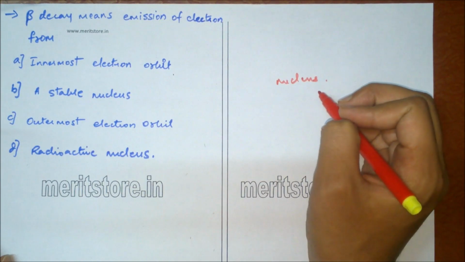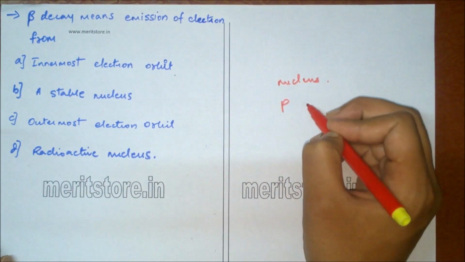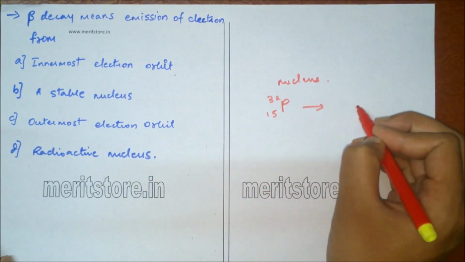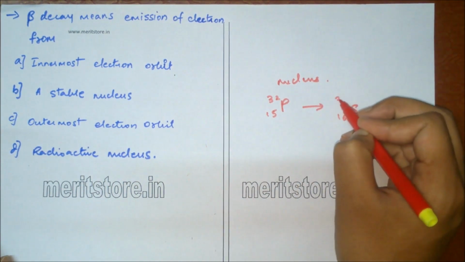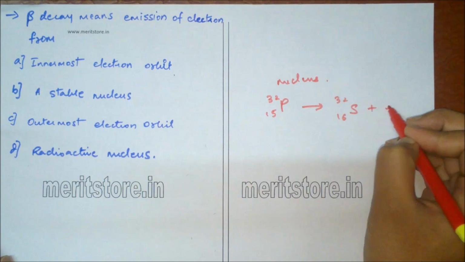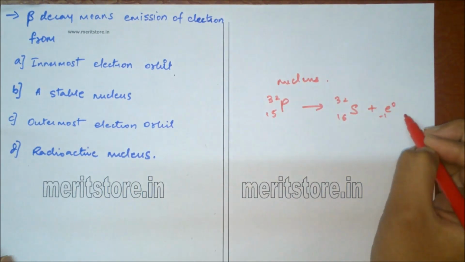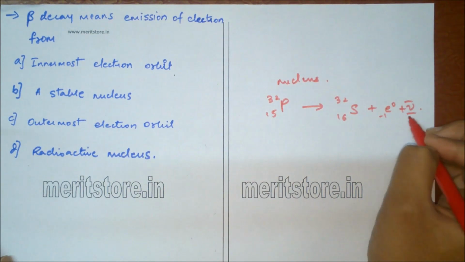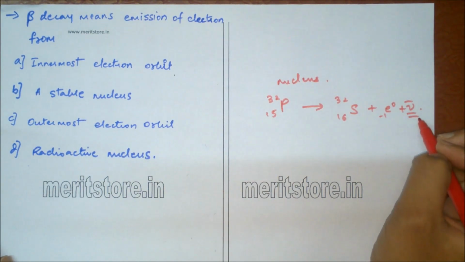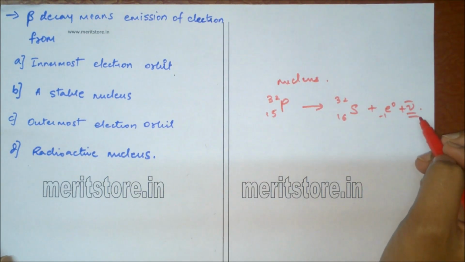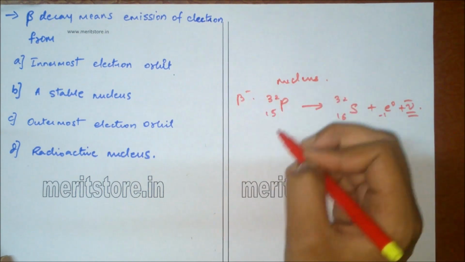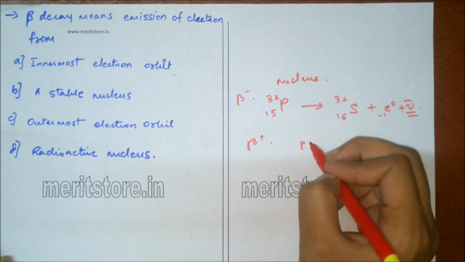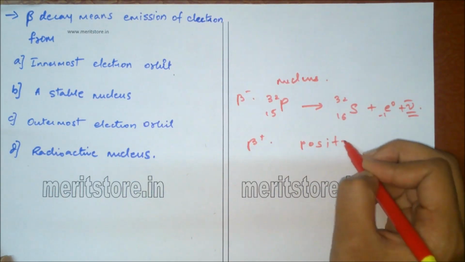As in the decay example of phosphorus, which is 15 32, it becomes sulfur plus an electron is released, along with an antineutrino. This is beta minus decay, and in beta plus decay, a positron is emitted from the radioactive nucleus.